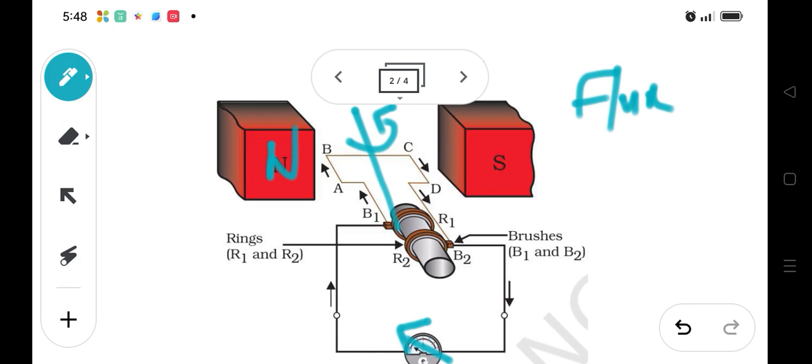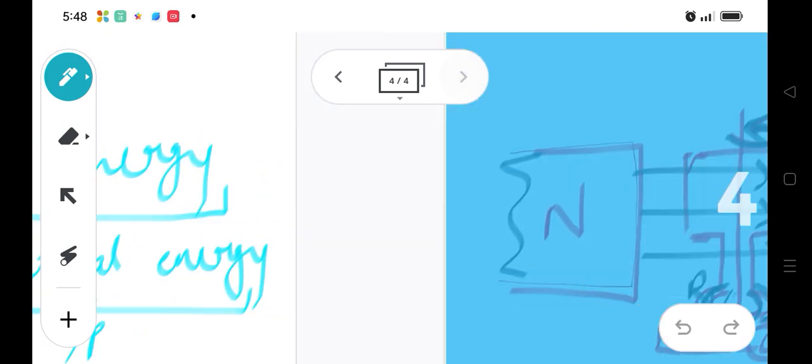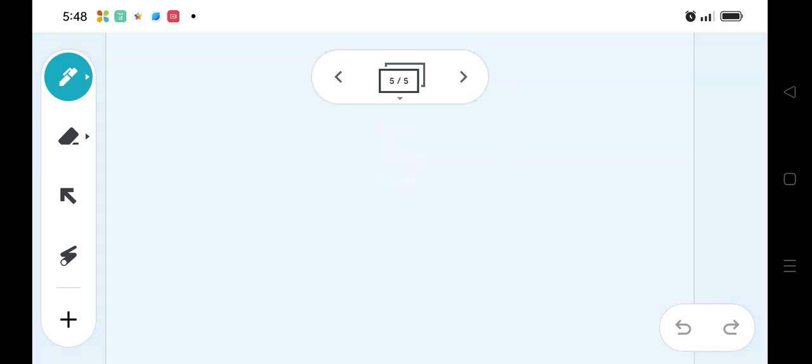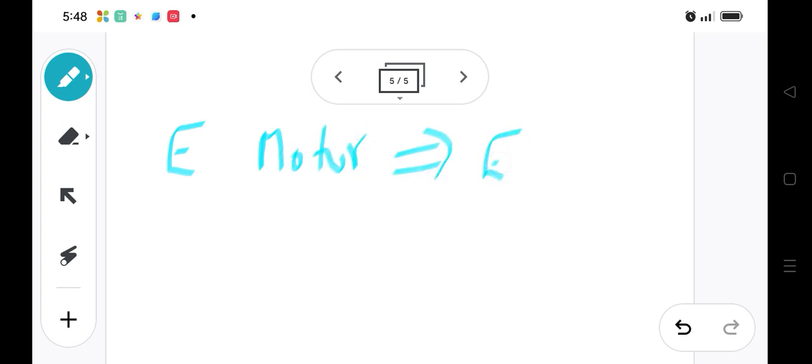In the case of the electric motor that we discussed in the last class, we provide electrical energy, and we get mechanical energy.